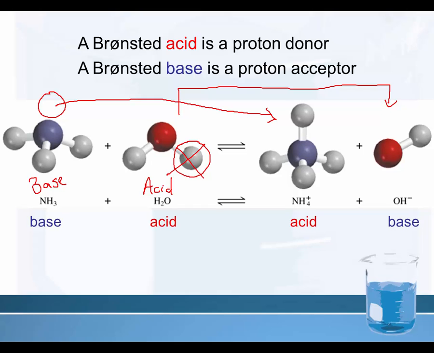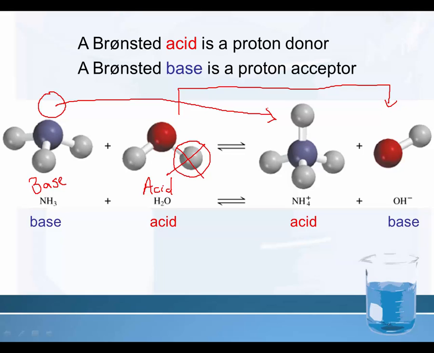Notice here that we can label an acid as turning into a conjugate base on the right-hand side, and that the base turns into a conjugate acid on the right-hand side. So there are bases and their conjugate acids. There are acids and their conjugate bases. You guys are going to be responsible for being able to identify those things.